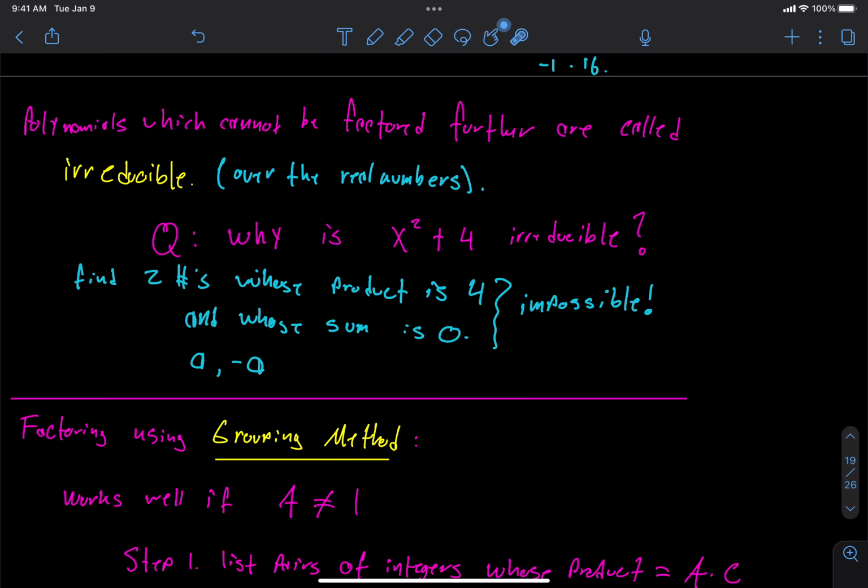Okay. The reason that I say irreducible over the real numbers is because we're only really considering real numbers in this class, but this polynomial actually is reducible or factorable if you use complex numbers. But we're not going to talk about that.